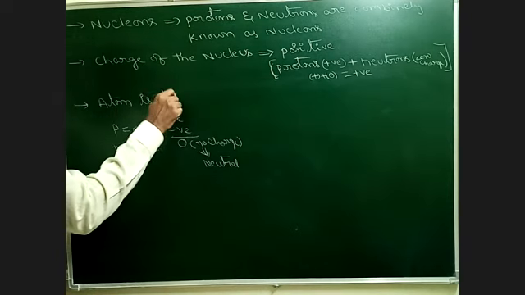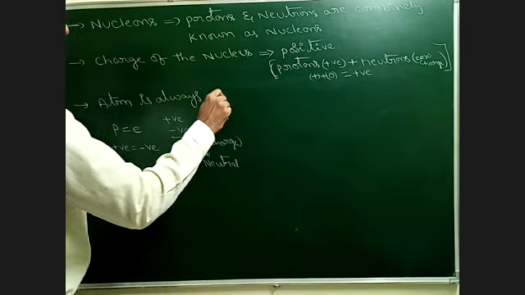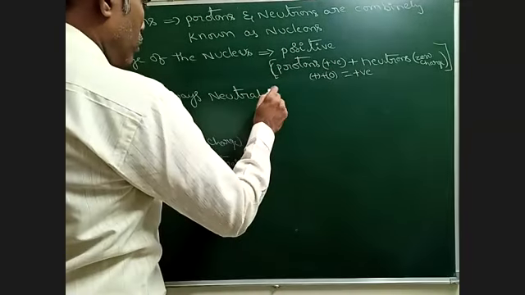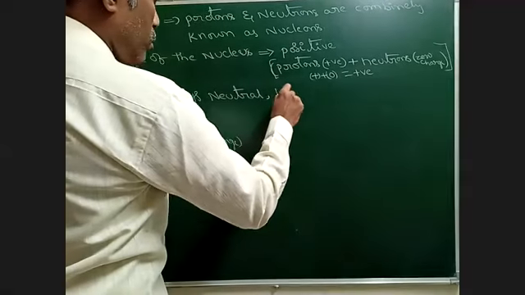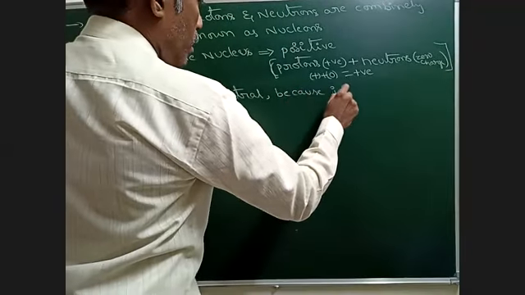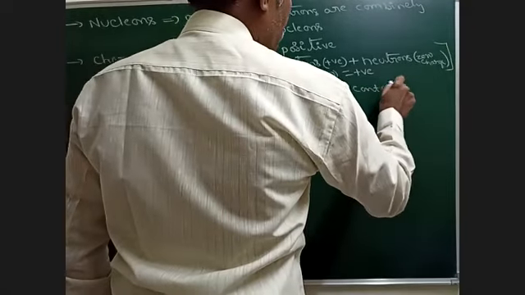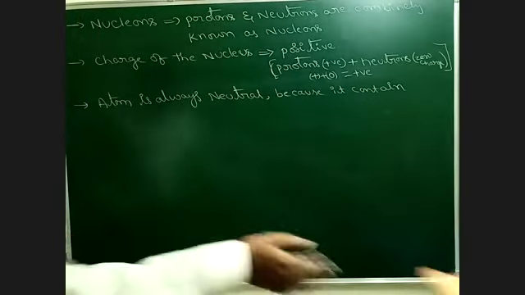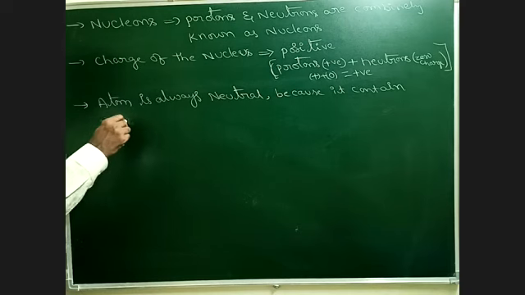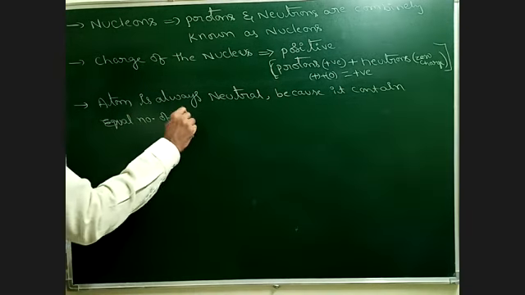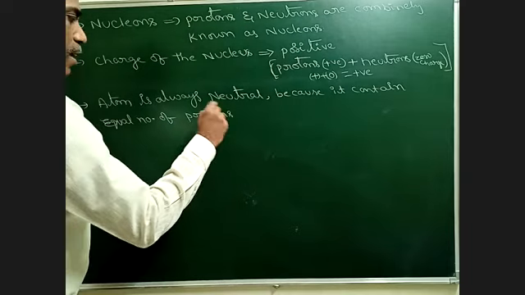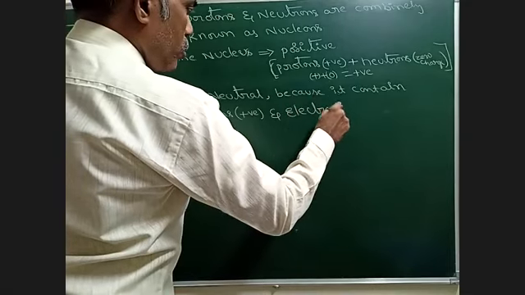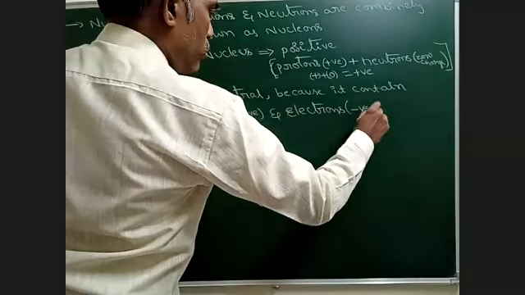So atom is always neutral because it contains an equal number of protons, having positive charge, and electrons, which have negative charge.